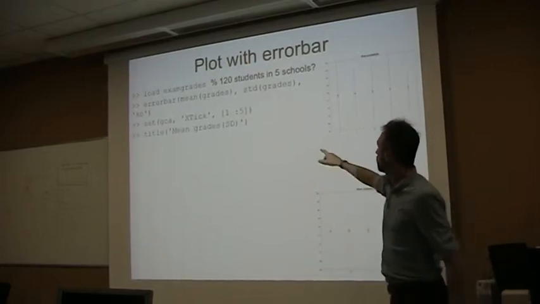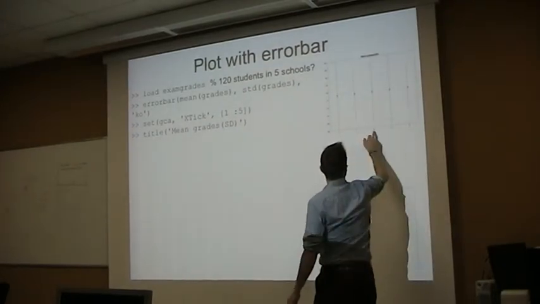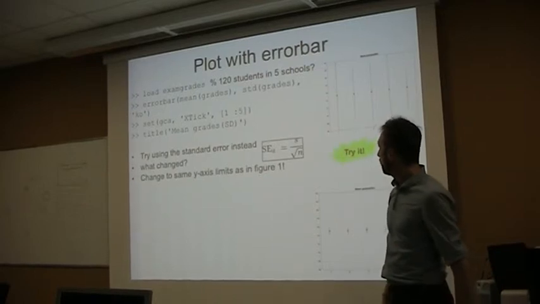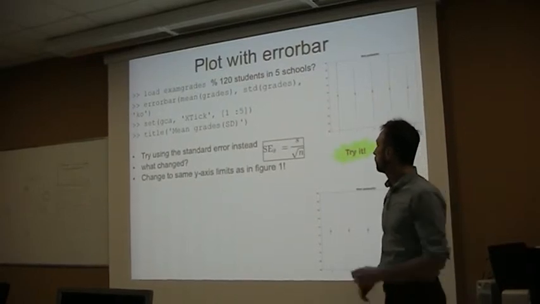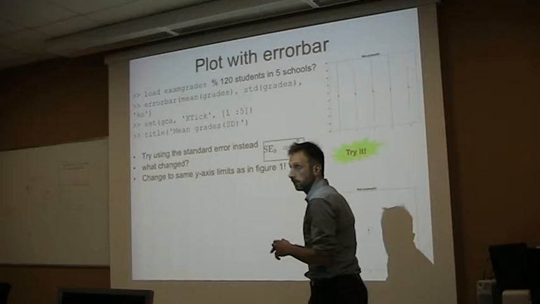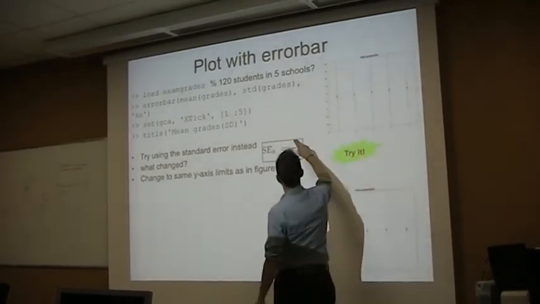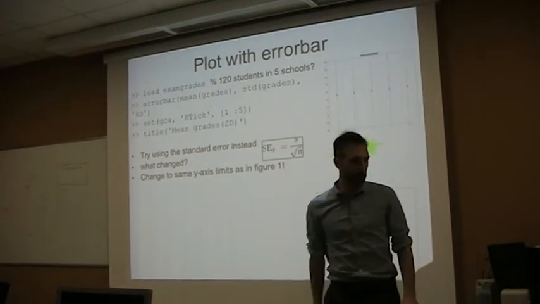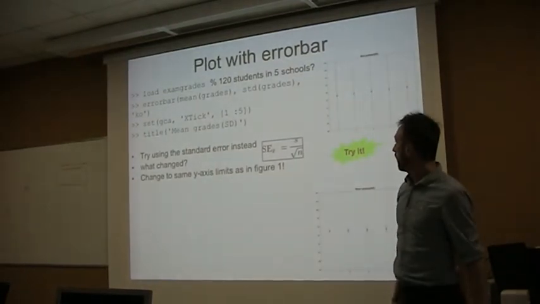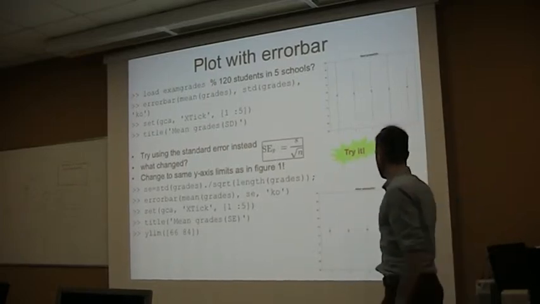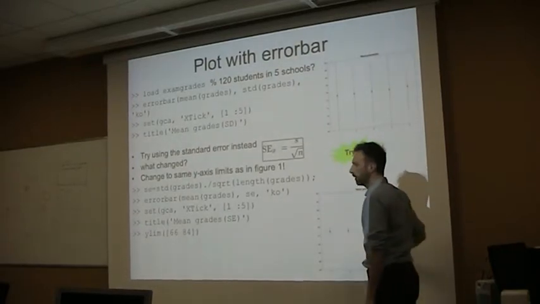This is just to put the numbers 1 to 5 here, and then we put the title. But it's much better if you use the standard error instead of the standard deviation. The standard error is the standard deviation divided by the square root of n. And here is how I did it, I get a graph which is very different.